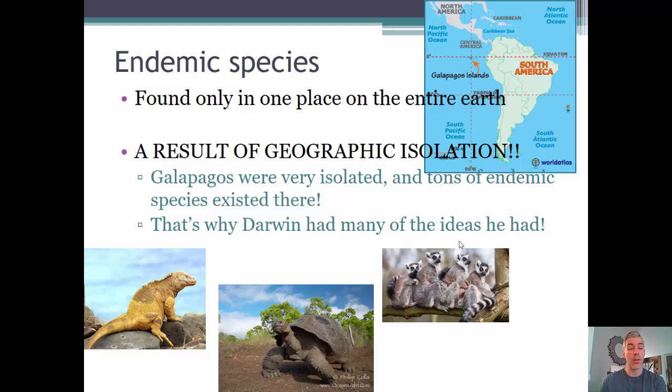For example, at the Galapagos, there are swimming iguanas and giant tortoises that are huge. Lemurs exist on Madagascar, which is in a similar situation. When you get islands far away from the mainland, you tend to get species that only exist there and nowhere else on the planet.